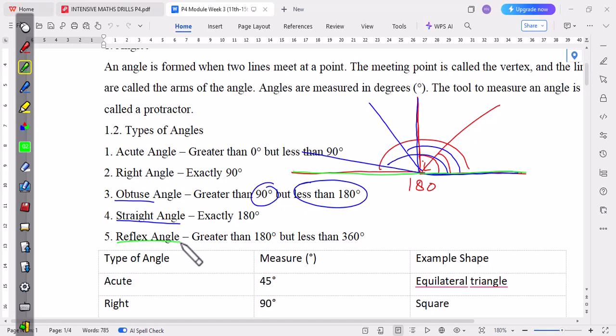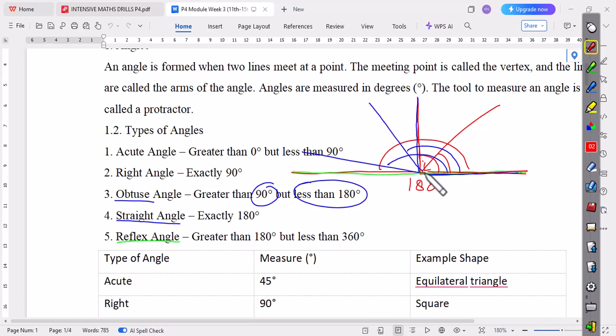So, for example, this is the kind of reflex angle. So here we draw the line and this one. Okay, so if you count the degree of the angle of this one, it must be bigger than 180, but it must be less than 360. That is called a reflex angle.